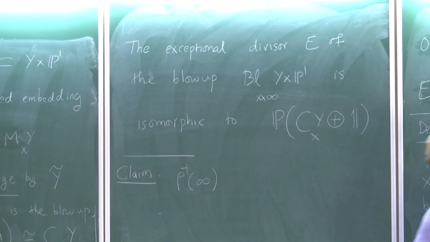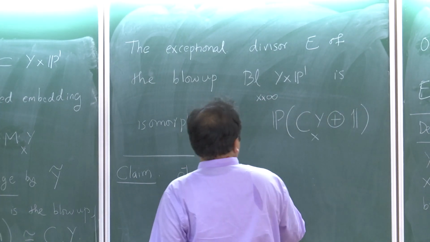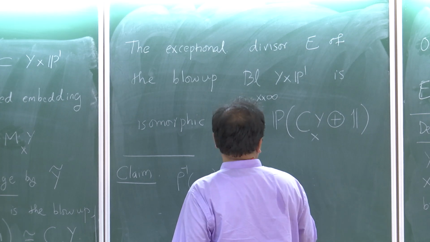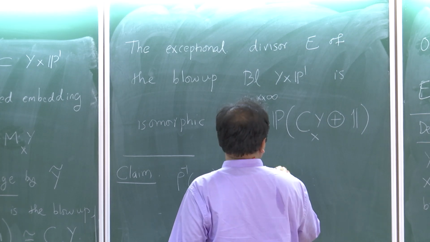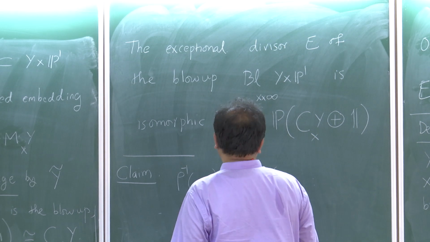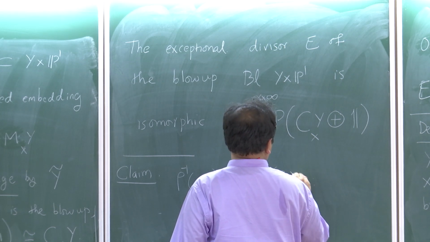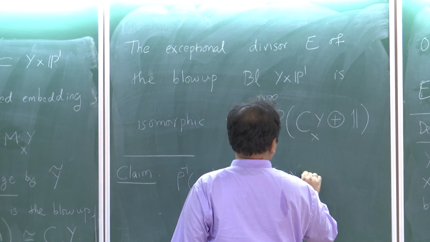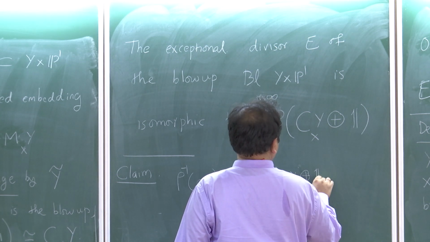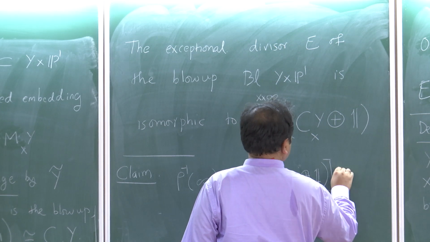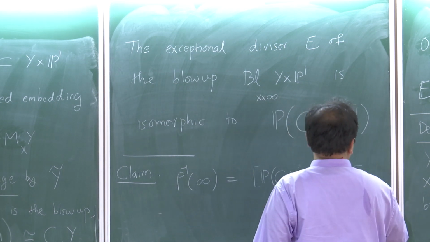So this is equal to P of C_xy plus 1. So this is going to be one piece, plus y tilde.